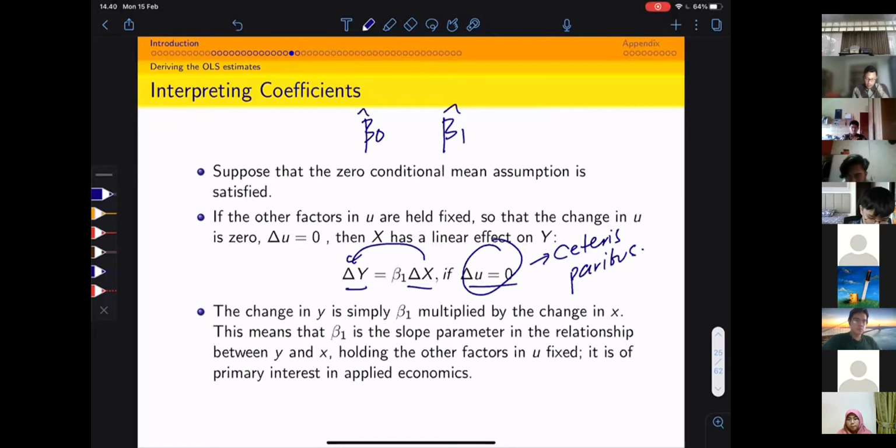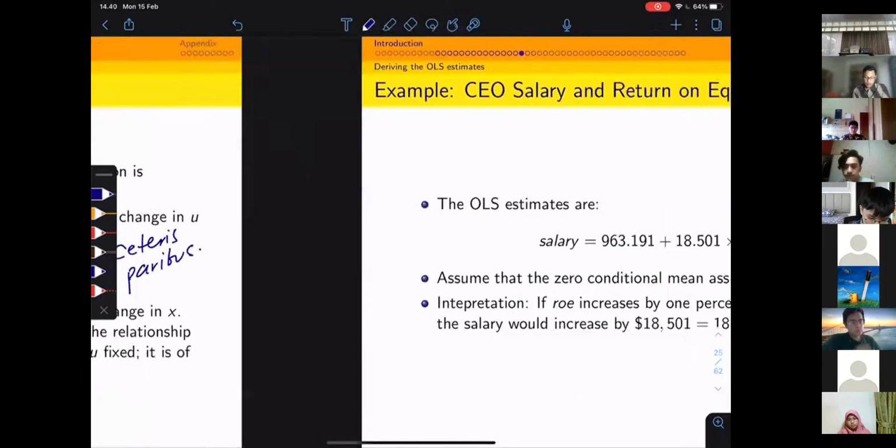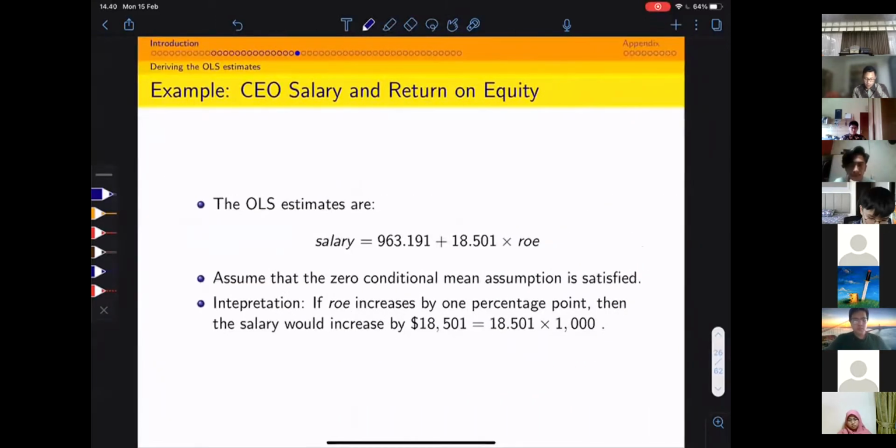If you're interested in applied economics, then I think this is one of the key features. So let's discuss the meaning of 18.501. Assume, and this is a very big assumption, that the zero conditional mean assumption is satisfied. Then the interpretation is as follows.